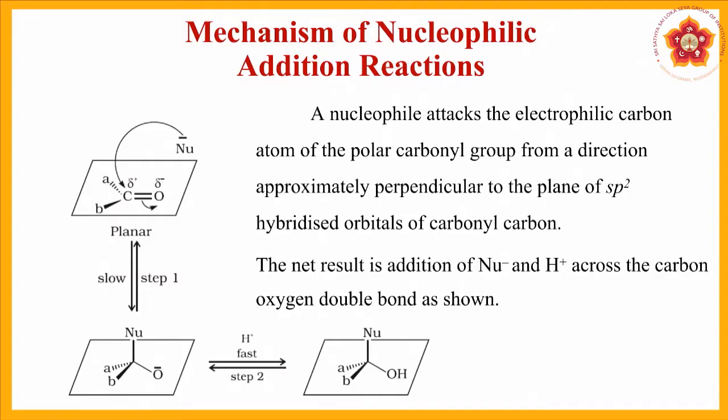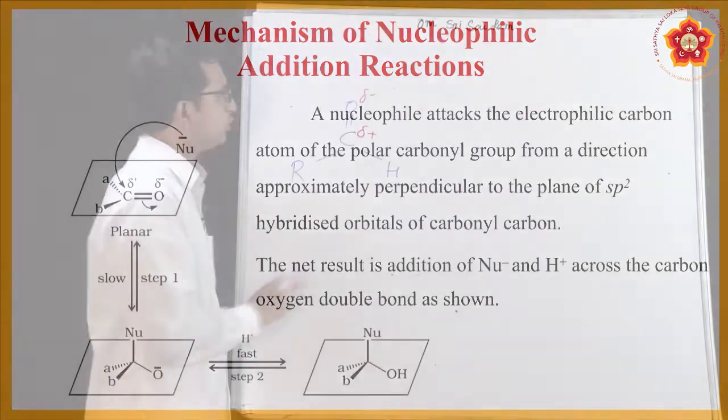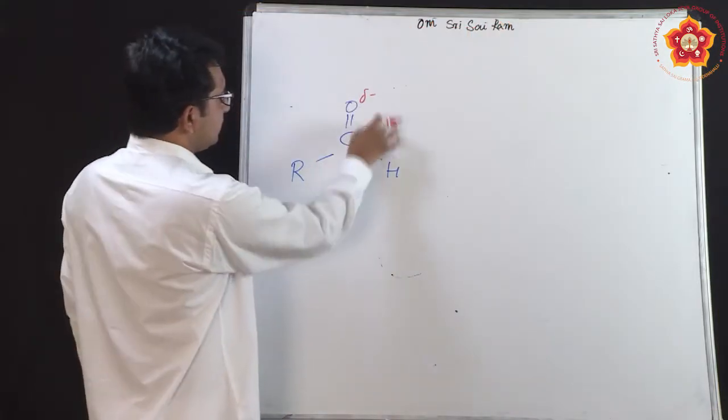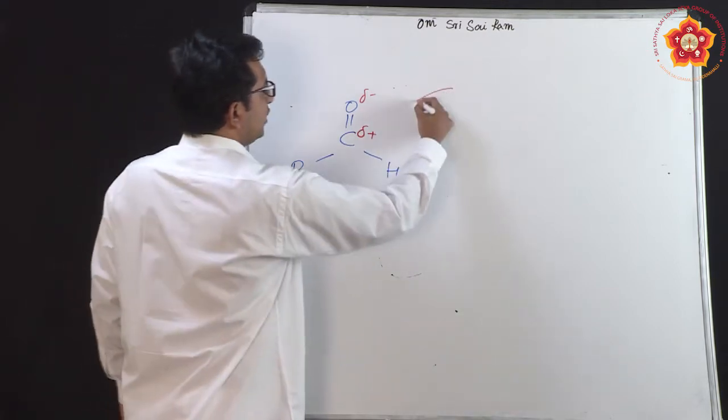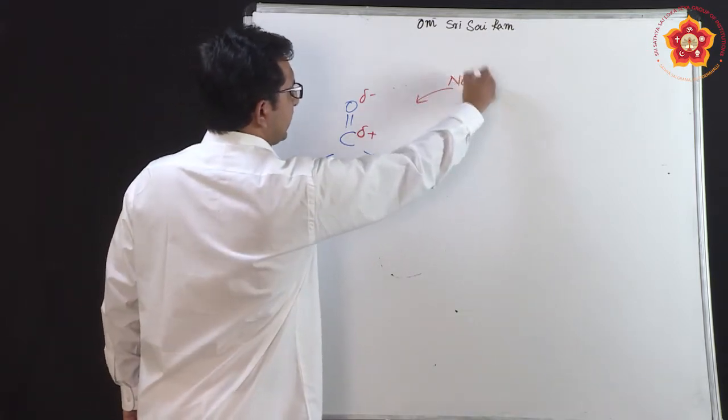The carbon of the carbonyl group will be present as an electropositive system, and the oxygen as an electronegative system, which we know very well. So, suppose a nucleophile comes and attacks.